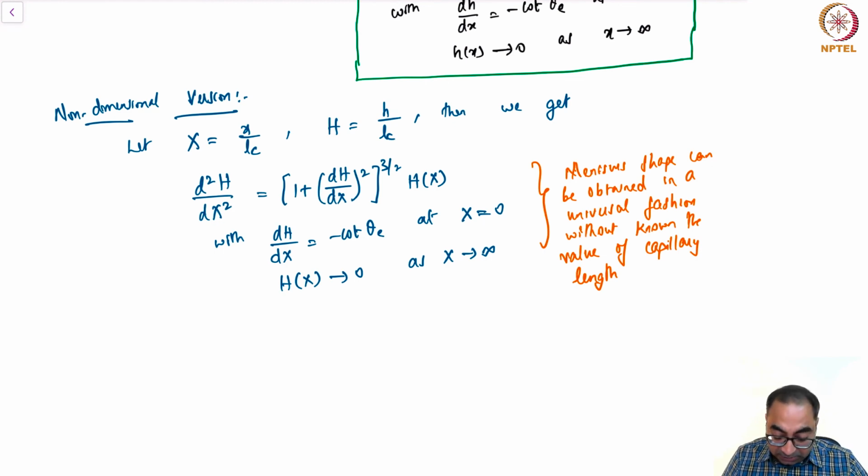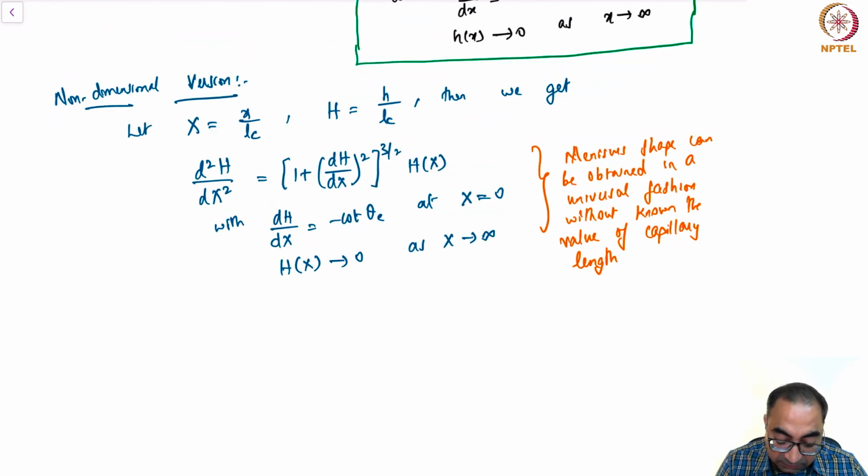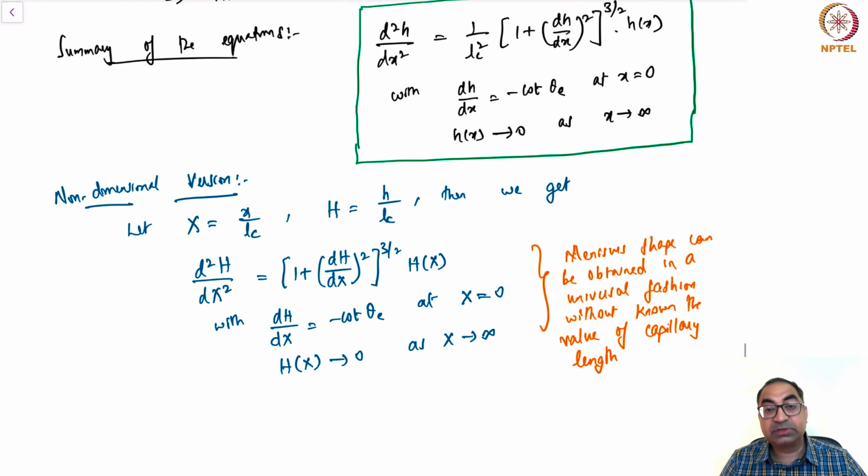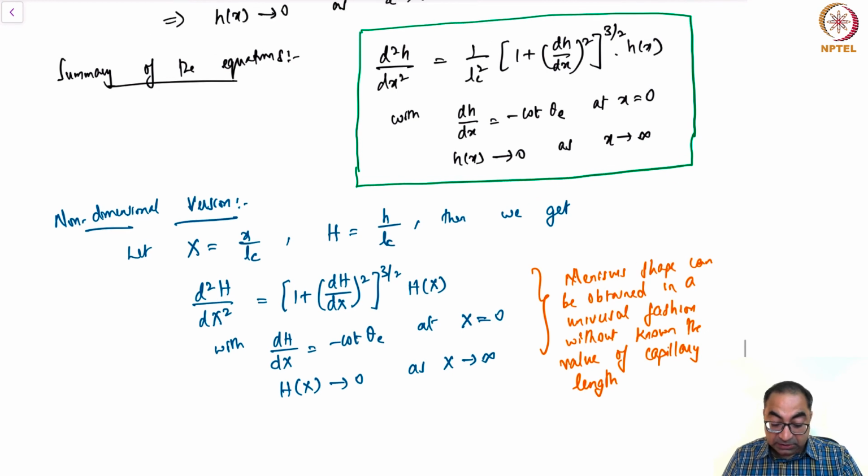Okay, now how do we solve this? Well, there's no simple way to do this because there is an exact solution available, but the exact solution is too tedious, and it also clouds the essential physics in the problem. So what we will do is to try and get an approximate solution of this equation.